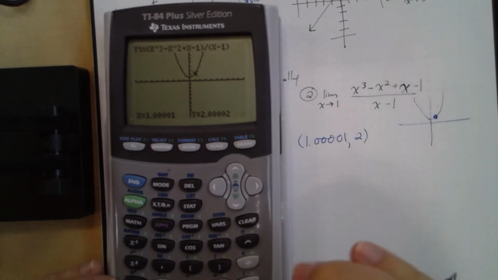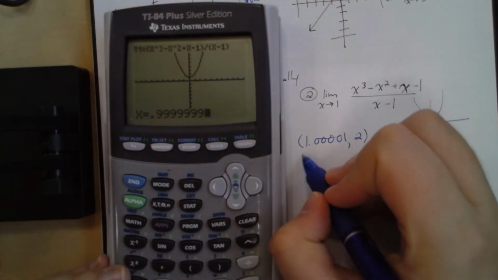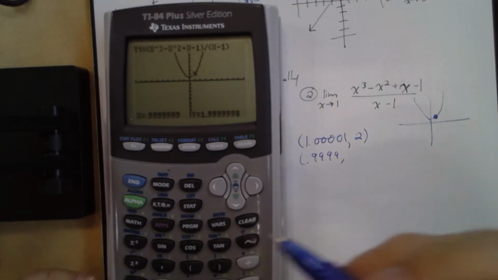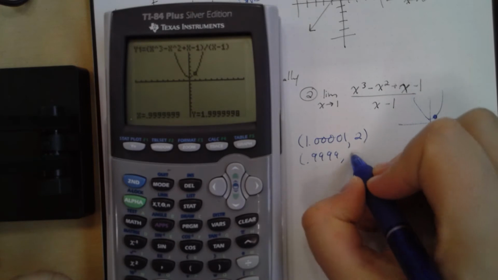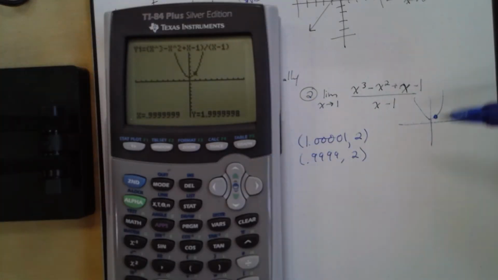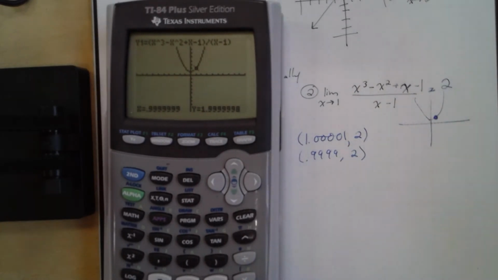And if I trace again 0.99999, which would be slightly to the left, I get 1.99999, basically 2. So the limit, as we're approaching from both directions to that point 1, is going to be equal to 2. Let's do a few more examples.